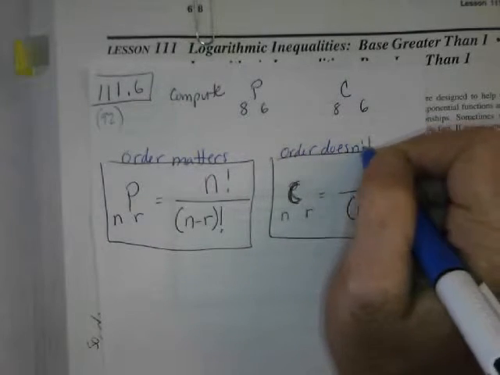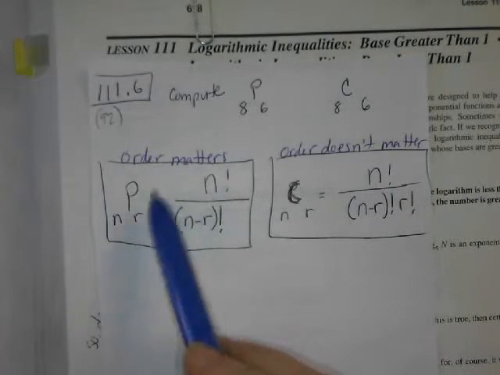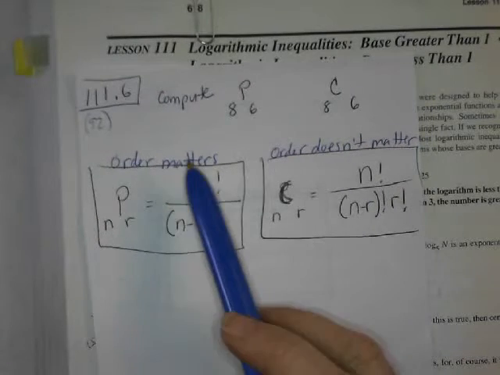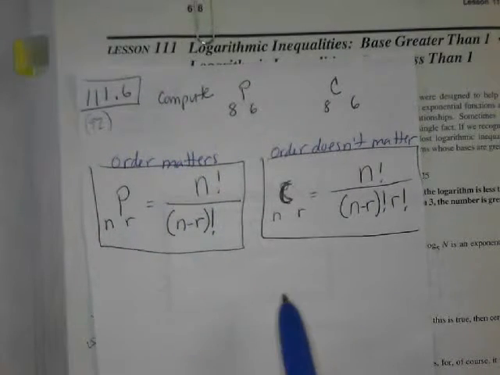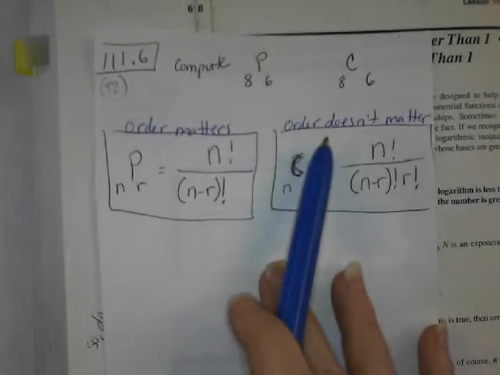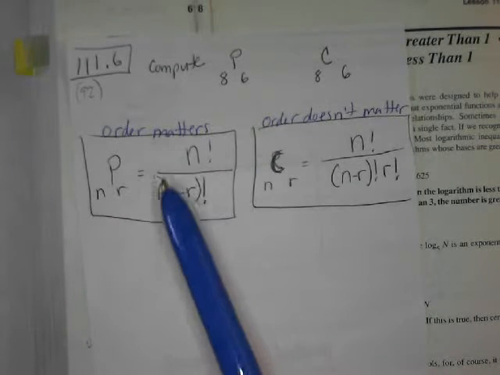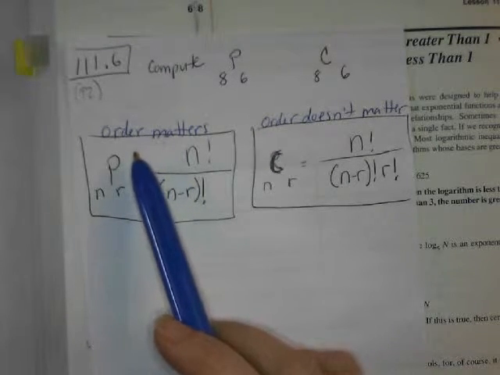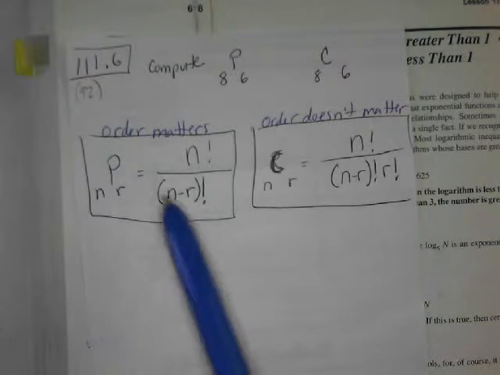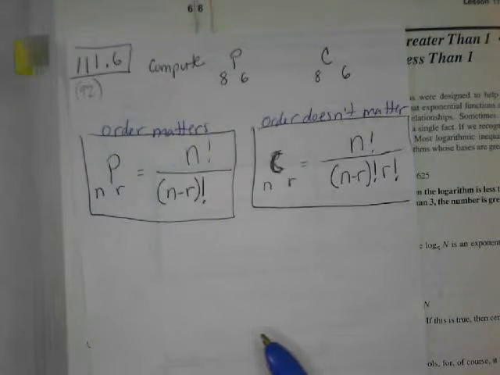An instance where you would use a permutation would be if you're just trying to make up a password. 123 is a different password than 321. So the order that you put the items in would matter.